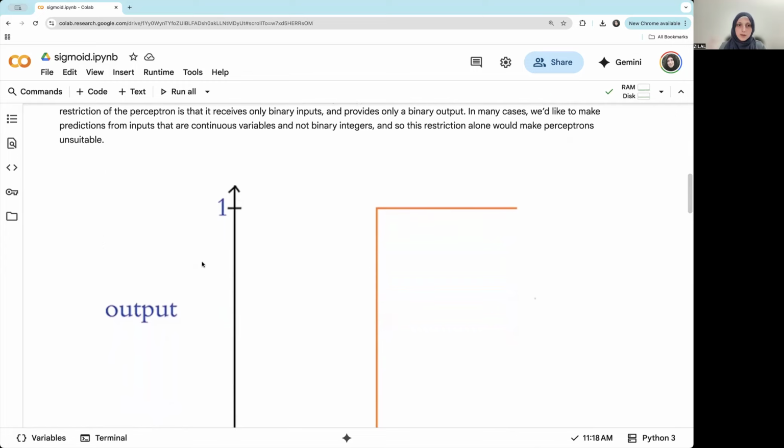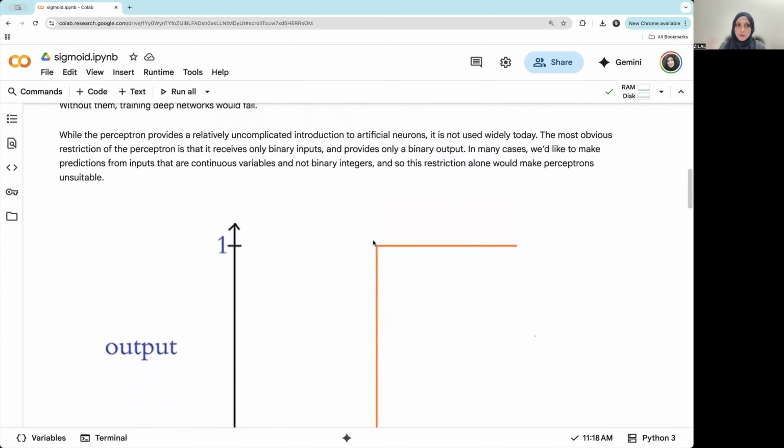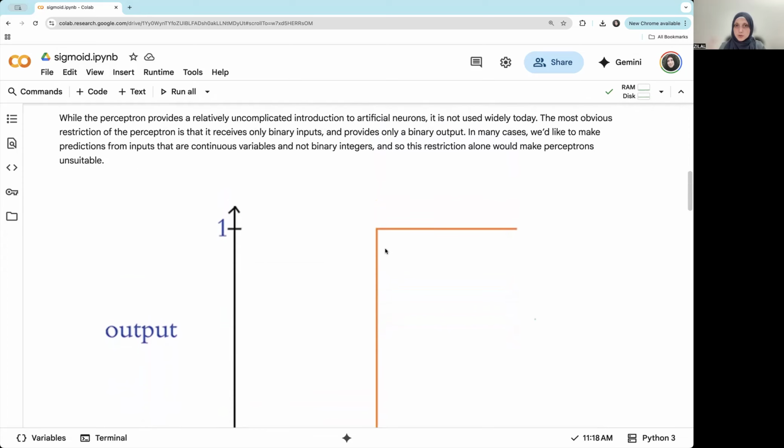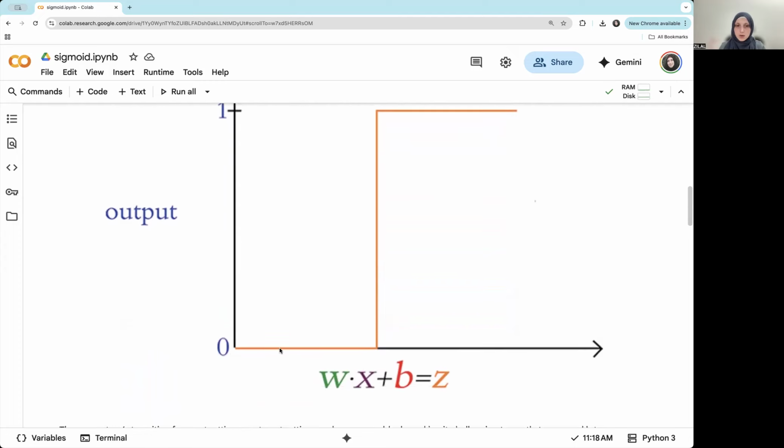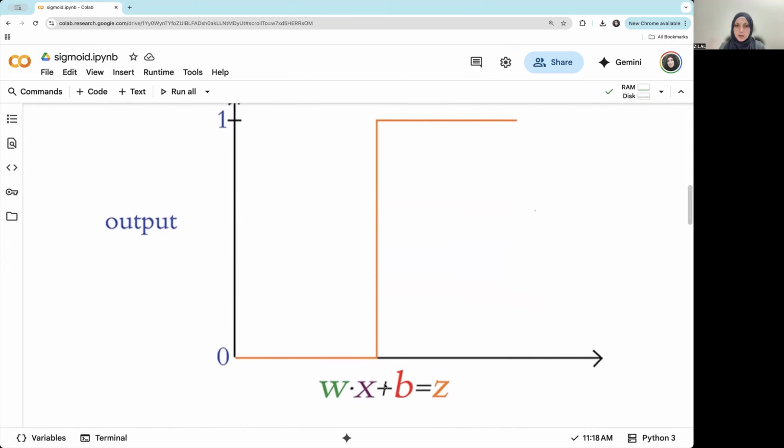So this is the graph of the perceptron. Although it provides a relatively uncomplicated introduction to artificial neurons, it is not used widely today. It just outputs 0 or 1, and there is a sudden jump at 0.